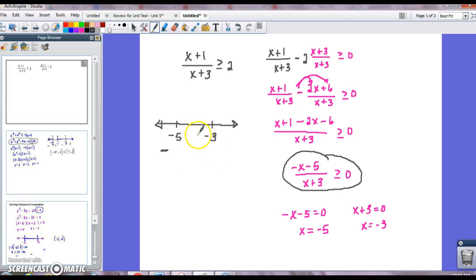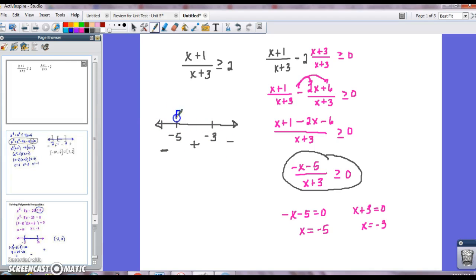If I plugged negative 4, that's between these two, I would get a positive number. And then if I plugged 0 in on this side, I'd get a negative number. Remember, I'm looking for anywhere that it comes out to be positive because it's greater than or equal to 0. So I'm going to be taking values in here.